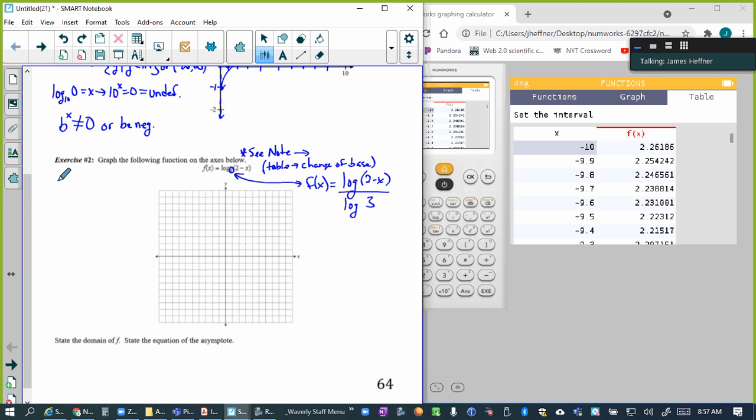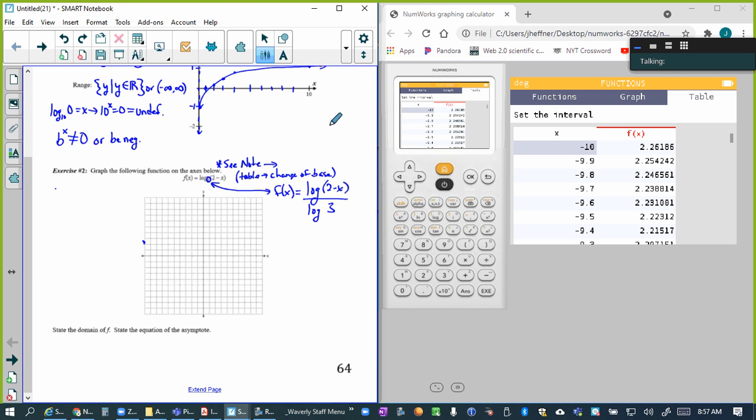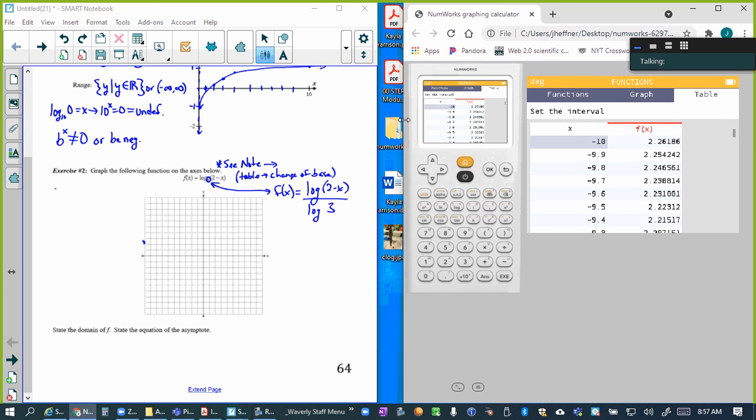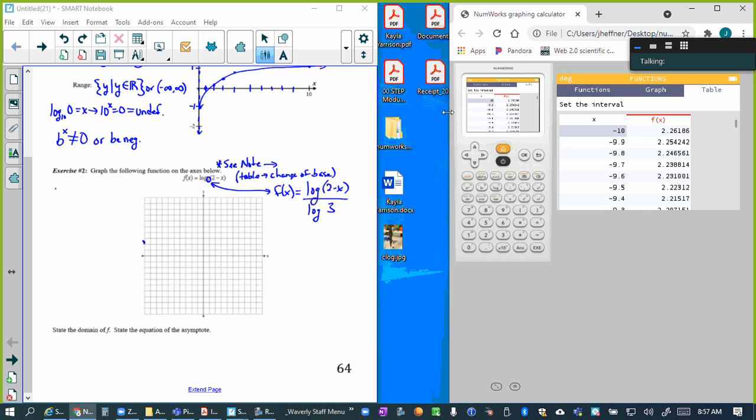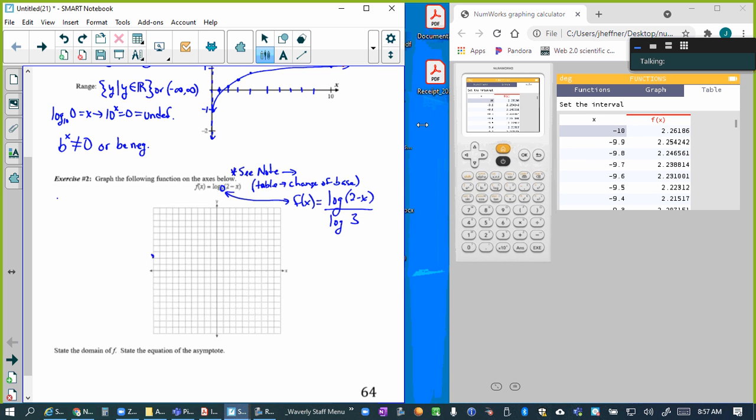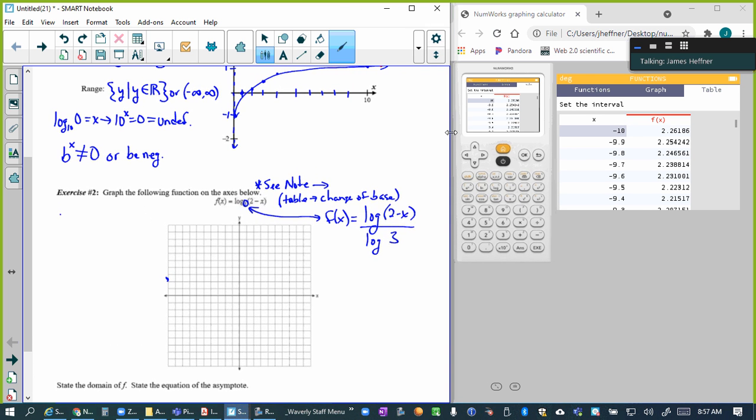So -10, a little bit over 2, like that. I gotta get enough room to do my calculator screen. Let's make that bigger. Okay. So -10, 2.